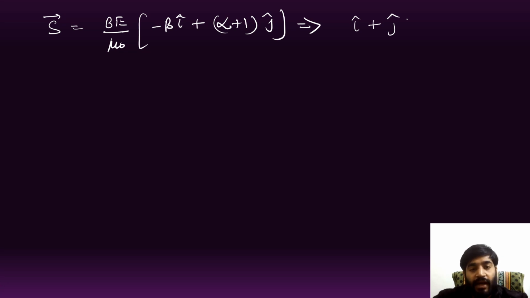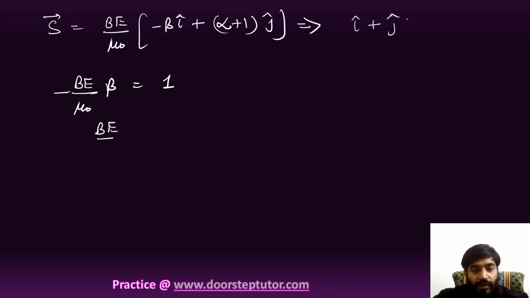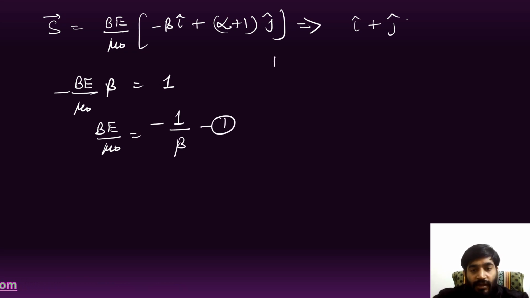So when I compare the I cap coefficient, what I got is B E over mu naught times minus beta must be equal to 1, and from here the value of B E by mu naught is going to be minus 1 upon beta. Let this be equation 1. Another thing is that you can compare the coefficient of J also. So it's B E by mu naught times alpha plus 1 must be equal to 1.